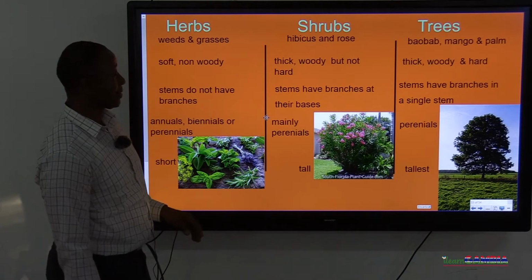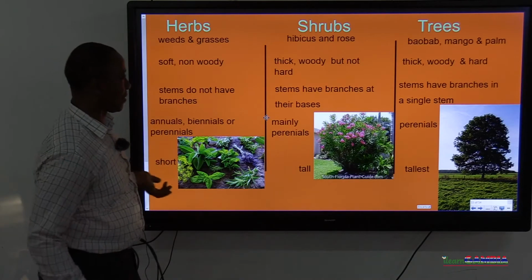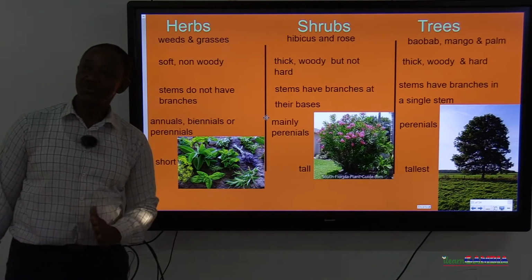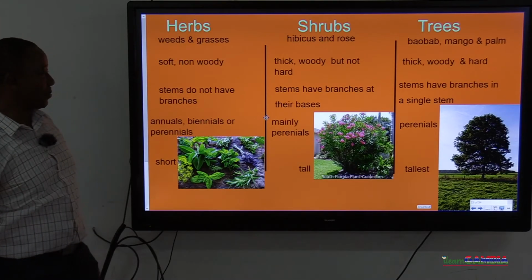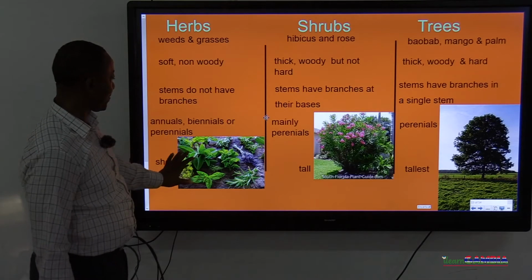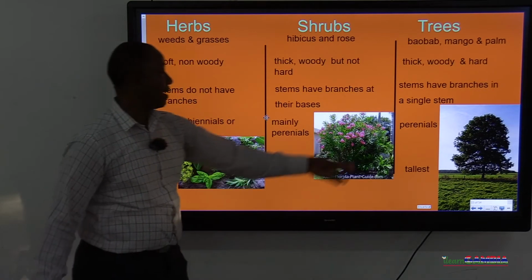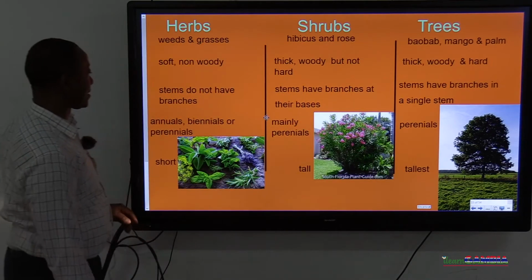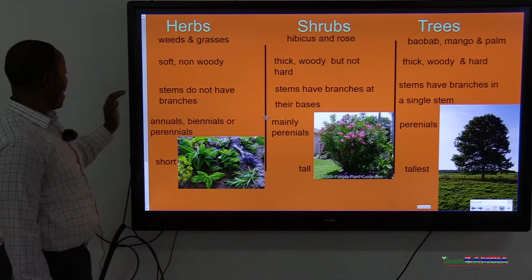When you come to trees, there's always a single stem, and from that, then you can have branches. And the single stem will usually grow up to a certain height before the branches begin to manifest themselves. What we're trying to say is here, there's no branch. Here, the branches are formed right at the base, and that one, they grow as a single plant, a single stem, and later they will have branches.